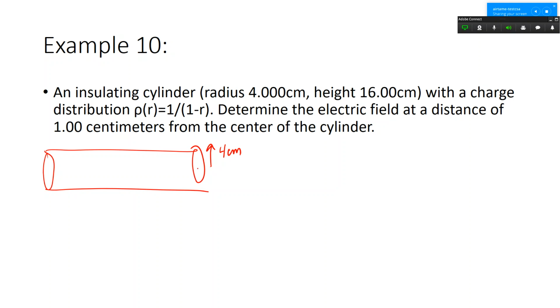And it has a radius of 4 centimeters. And I'm trying to determine, this was the center here, at this point, what is the electric field? And this point has a distance of 1 centimeter. What would be the electric field there? So I could use Gauss's law again, but this time I don't think I can avoid using integration. So I have to draw a Gaussian surface.